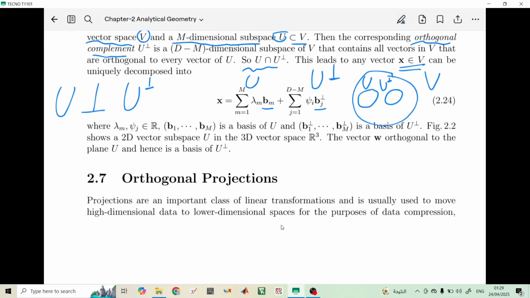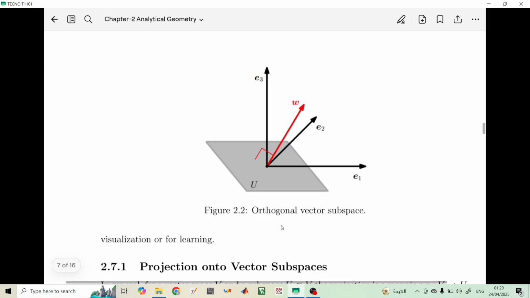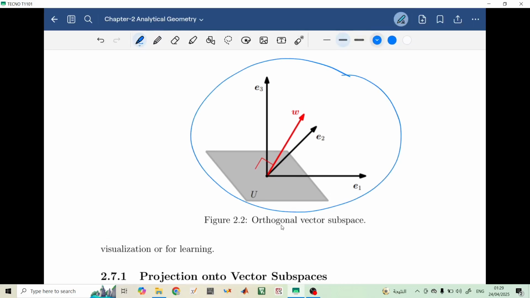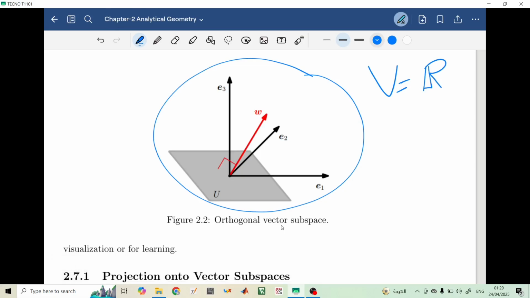Here we have an example. Let's say that this is V, so V is the 3D space. Let's say that U is a subspace of R2, right? So you see here, U is just a plane.